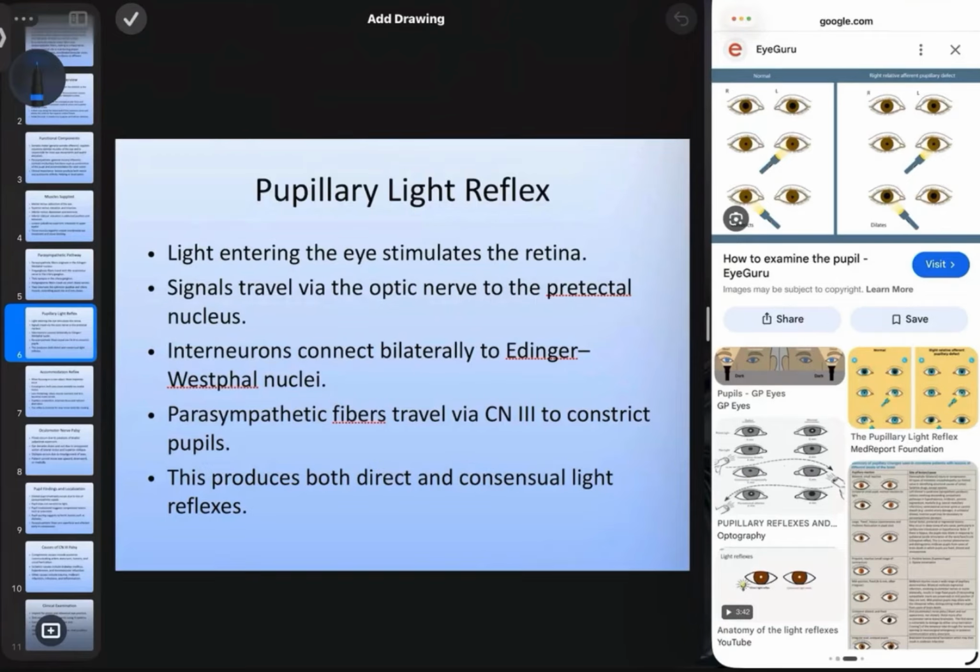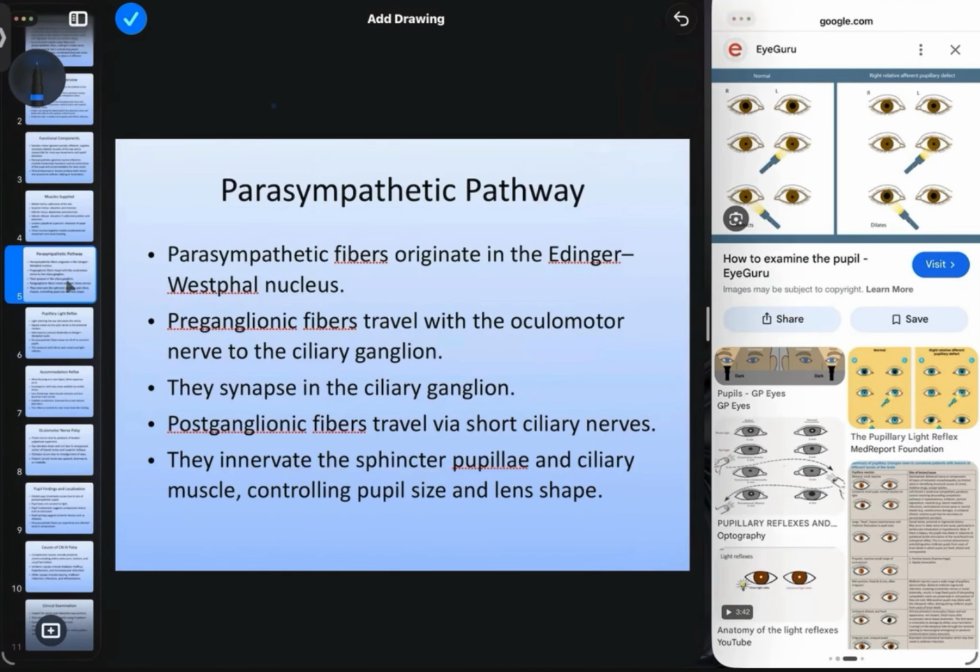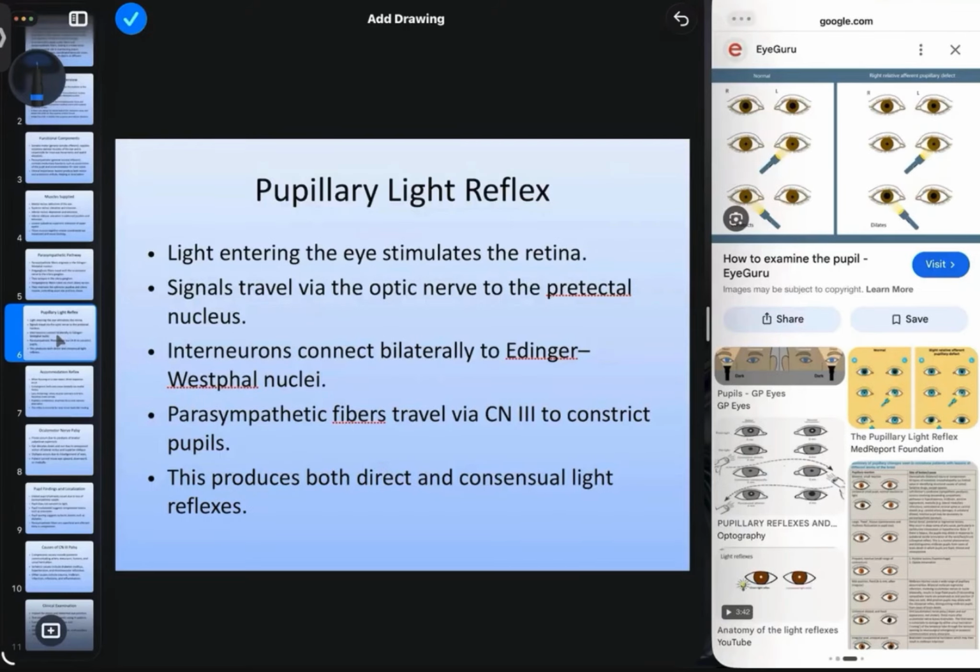To the pretectal nucleus that is present in the midbrain, and this is where the Edinger-Westphal nucleus that we just discussed is. These two in the midbrain are connected, and this helps in constricting both pupils together. And this is usually the direct response, as against the consensual response from the opposite eye.